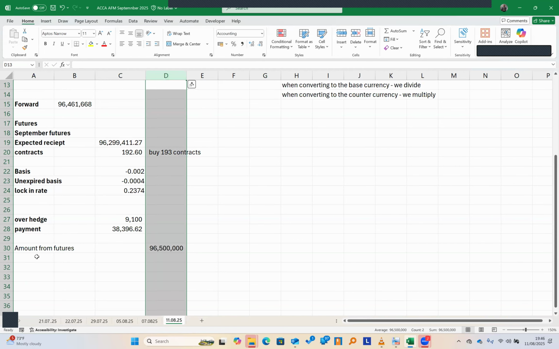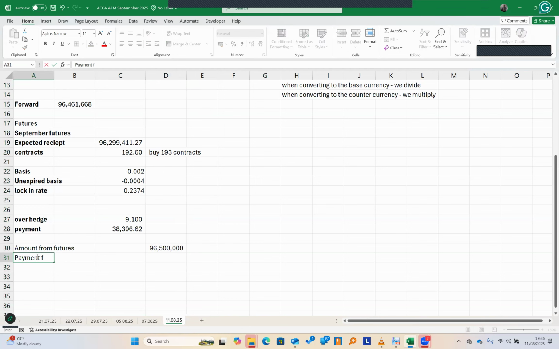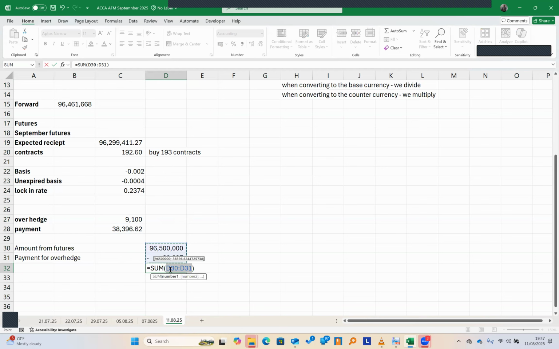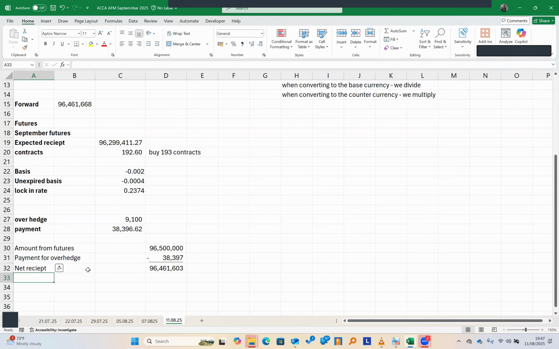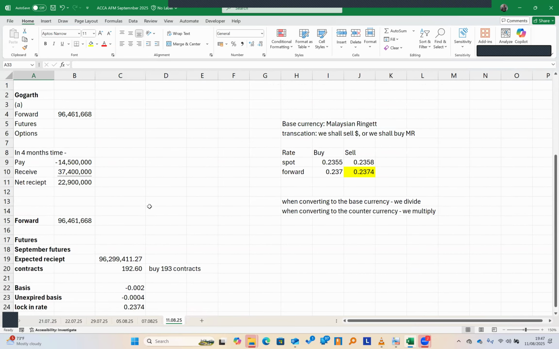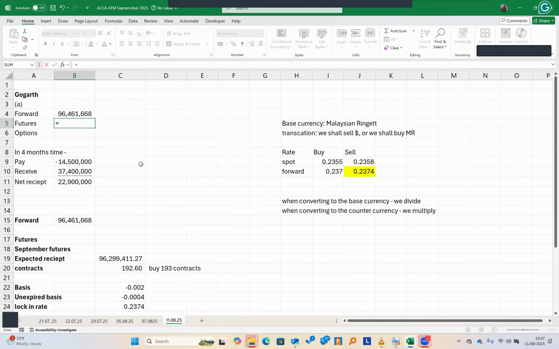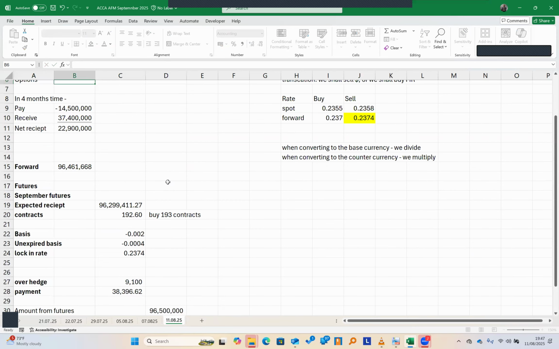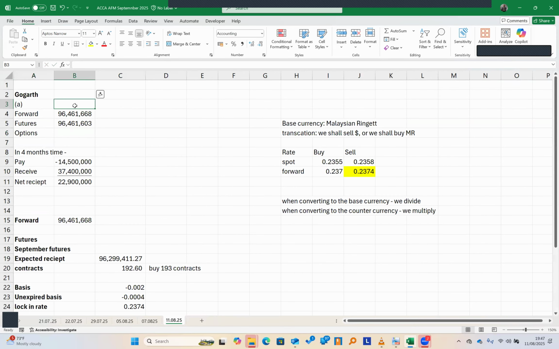But because we have overhedged, we are going to have to make a payment for overhedge, which we have already calculated at 38,000 Malaysian ringgit, which means that we actually are going to get 96.461. This is the net receipt when we are using futures. So I've put a summary up so that we compare these values. Remember, these are Malaysian ringgits.